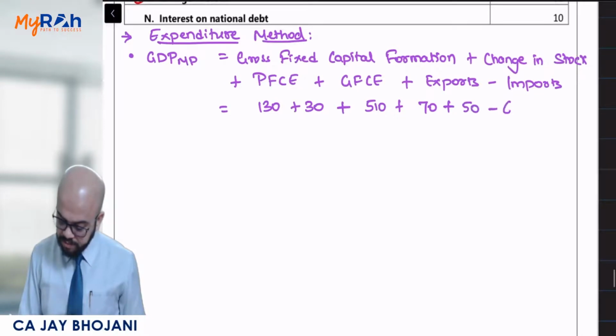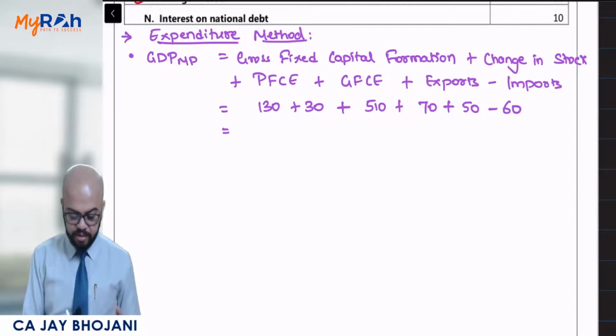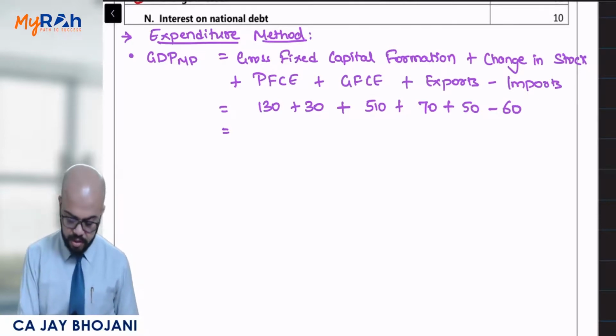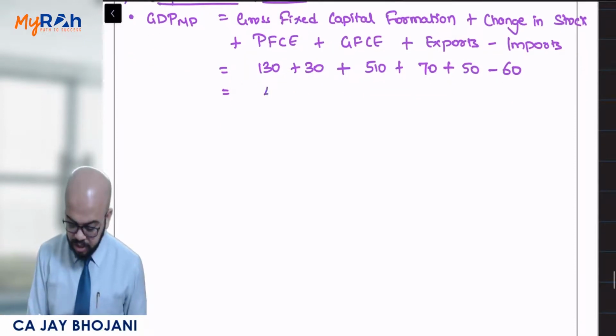So plus 50 minus 60. Okay, let's calculate this. 130 plus 30 plus 510 plus 70 plus 50 minus 60. So this will give me 730 crores.